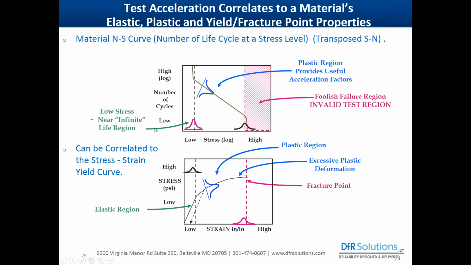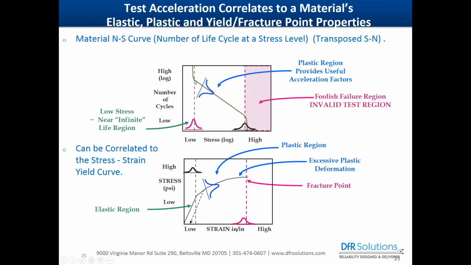So to show a few other aspects about accelerated testing, we can know from our research that acceleration rates can be correlated to the stress strain yield curve of a material. As I mentioned earlier, if you've got a material that's working in the elastic range that snaps back with every release of the stress strain, you're going to have this very long, near infinite life capability of that exposure or endurance.